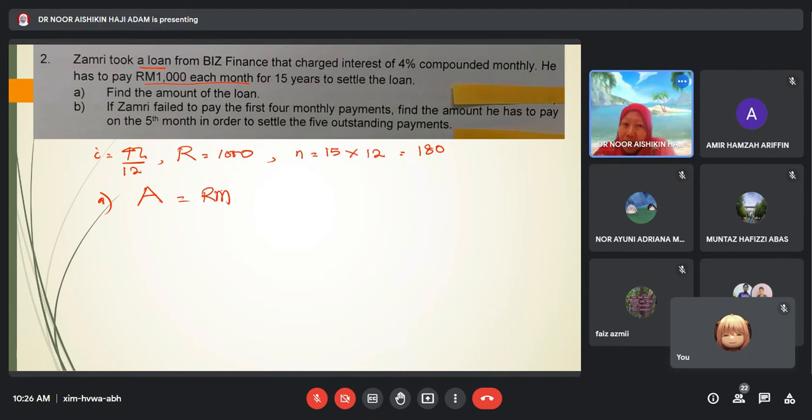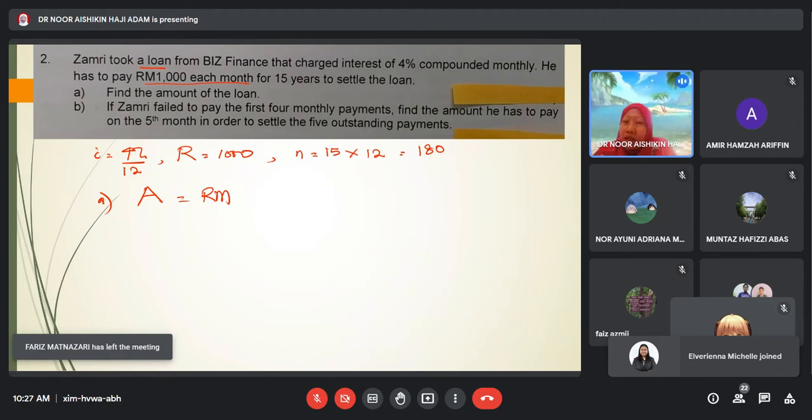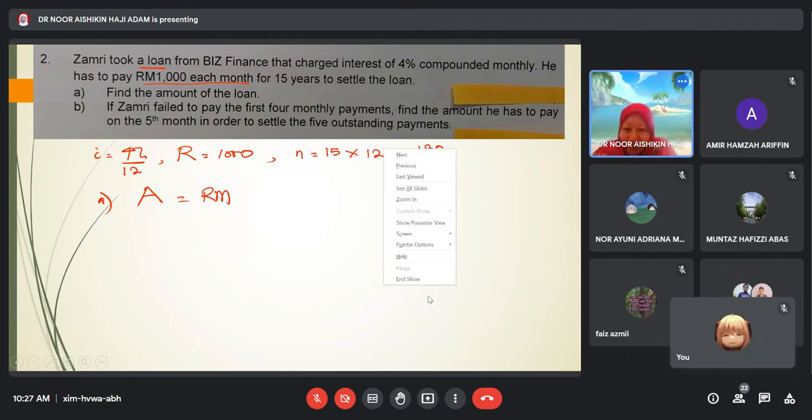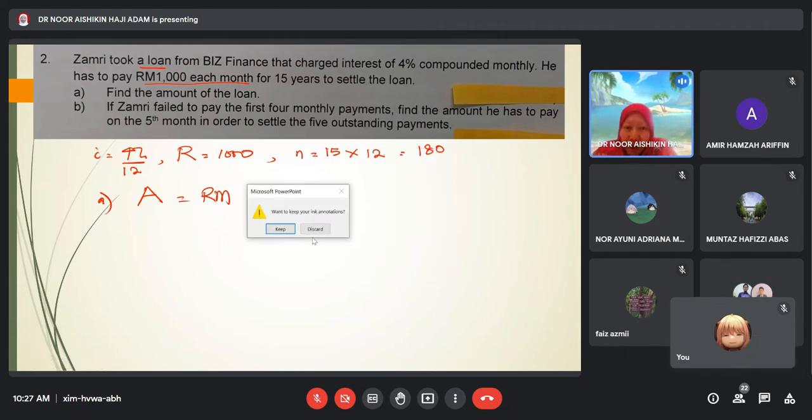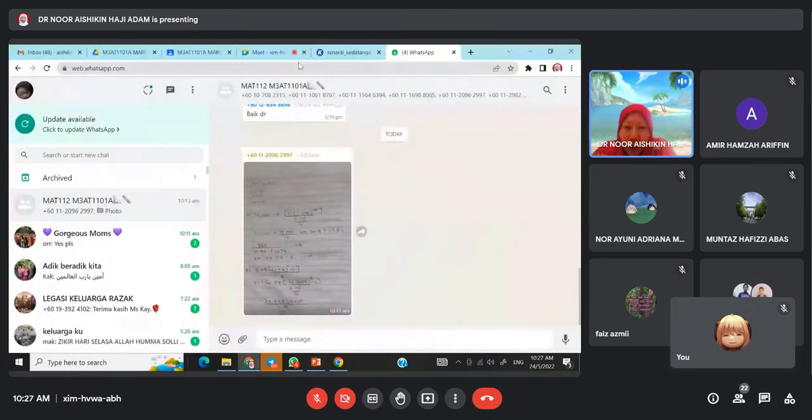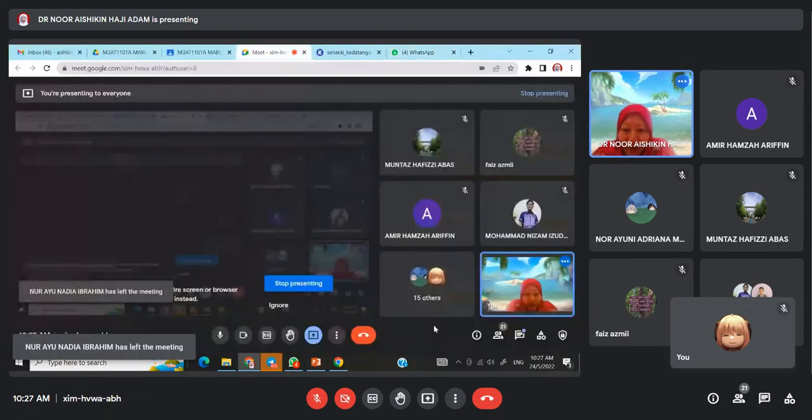Hazazi? You all tak jawab ni sebab tak ada ke atau tak buat dan tak nak mengaku tak buat? Which one is it? Saya tak rasa you tak ada, you datang cuma tak nak jawab. Sebab tak buat. Keep for now. Betul tak jangkaan saya?